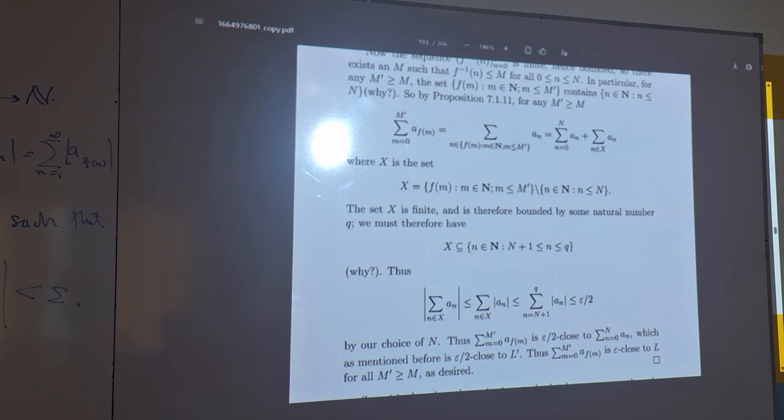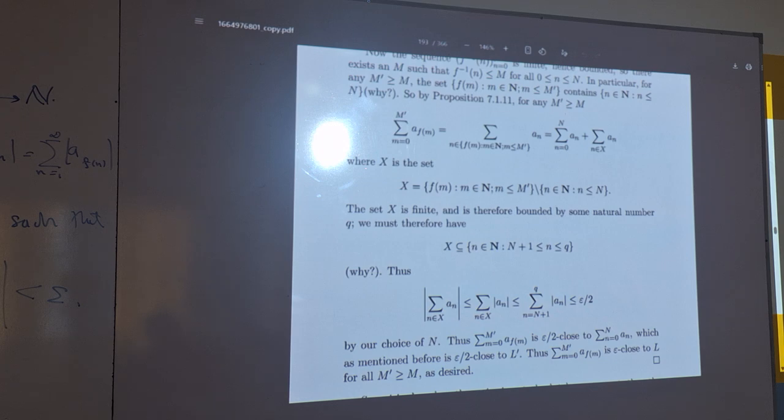We must therefore have capital X is a subset of the set of all n belonging to N, with n less than or equal to q. If set x is finite, then it is bounded by some natural number q.